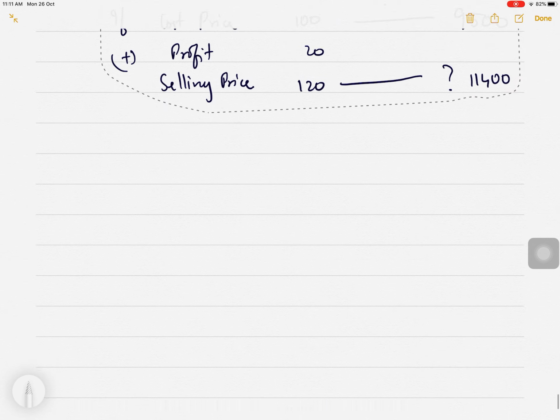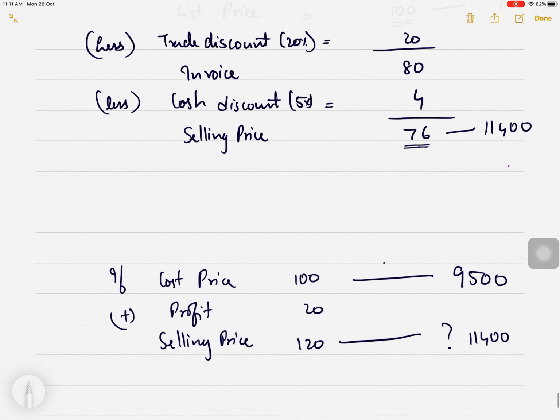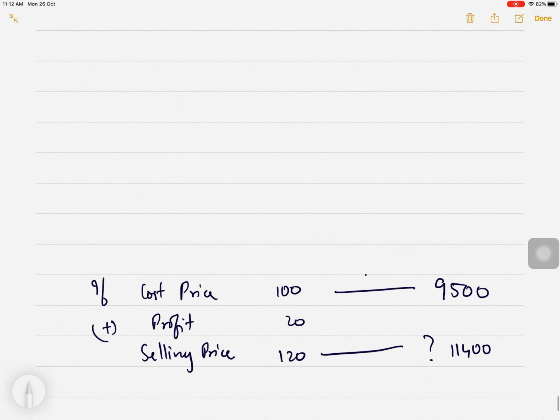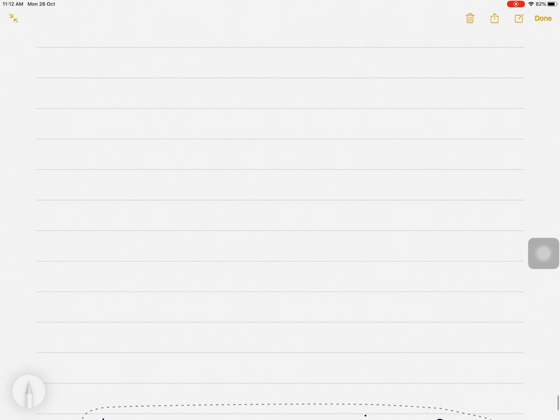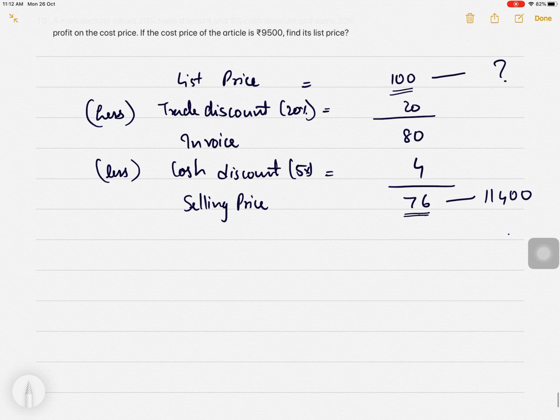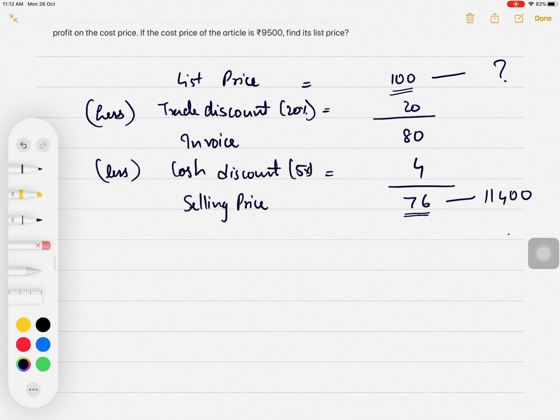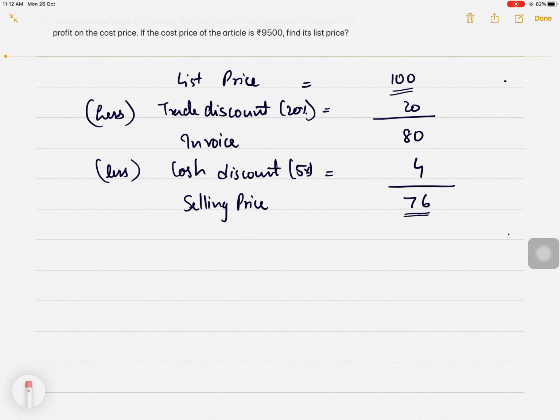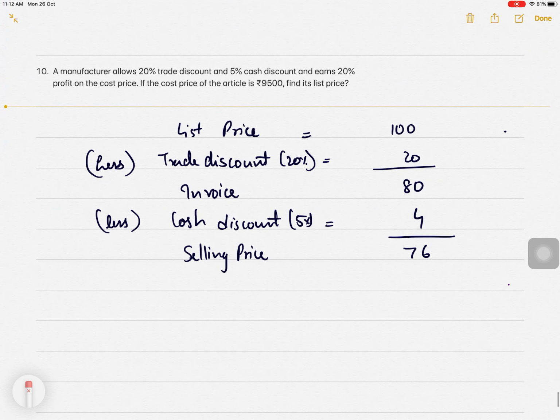Now, the other way of solving. Now, list price is 100 minus trade discount 20%. Invoice price comes to 80. Cash discount 4 rupees. Selling price 76. Correct? You have to find the cost price.